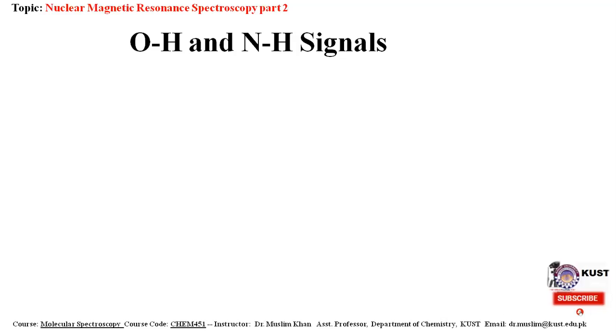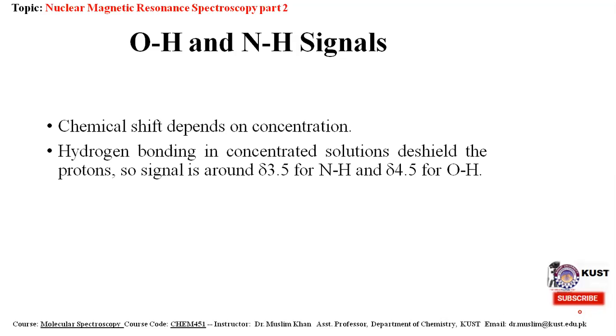You can also see the OH and NH signals, whose chemical shift depends on concentration. Hydrogen bonding in a concentrated solution deshields the proton, so the signal is around 3.5 ppm for NH and 4.5 for this proton, which is connected to the oxygen atom.